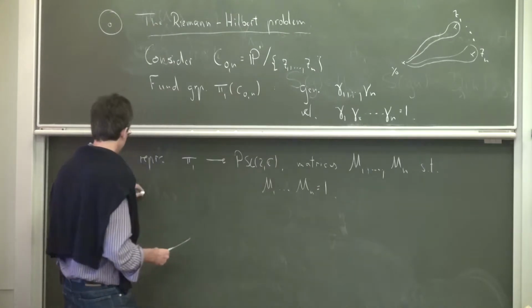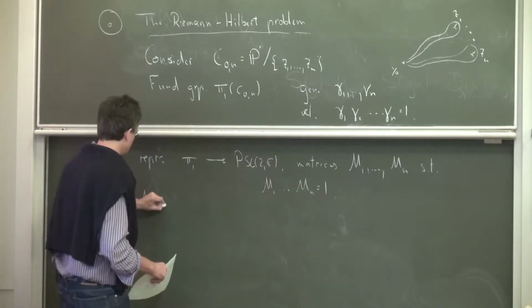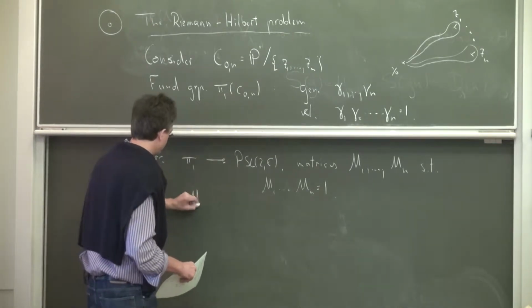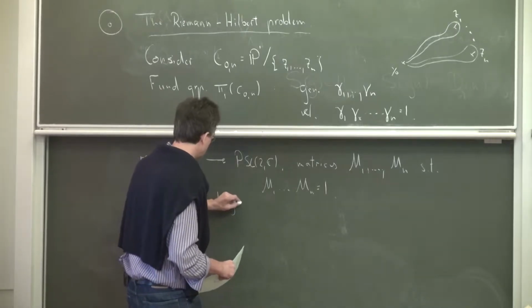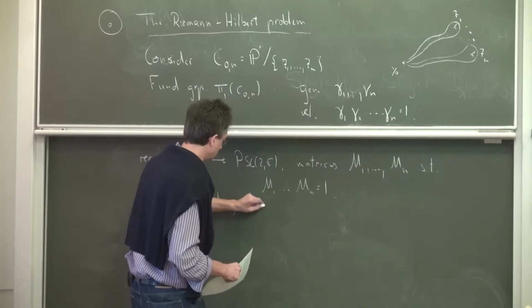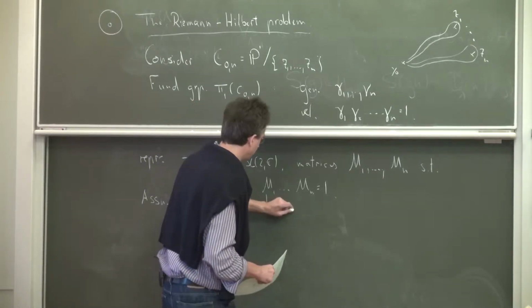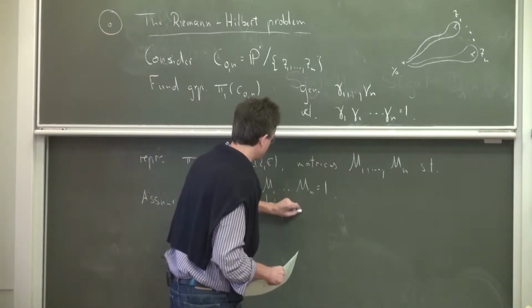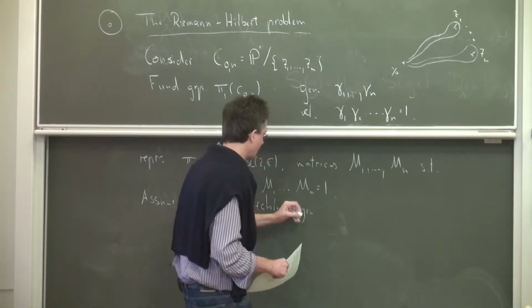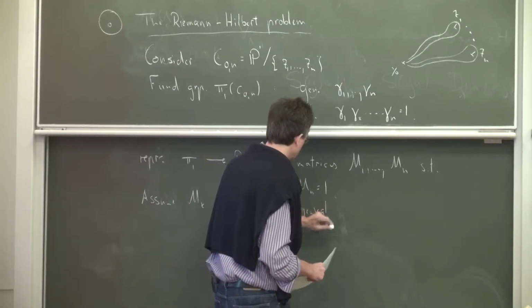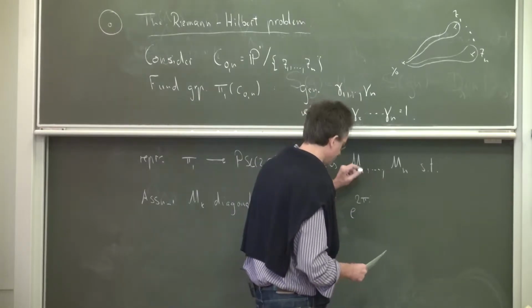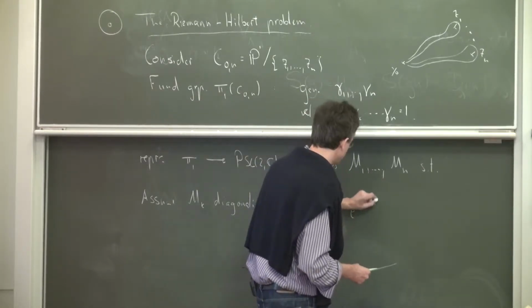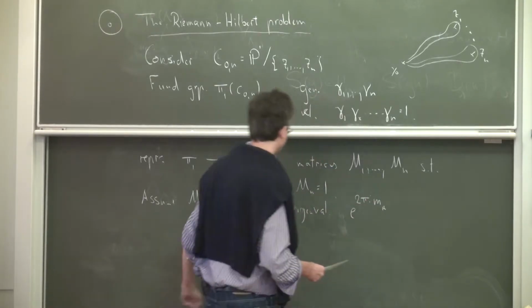And what we will assume is that the Mk are diagonalizable and have eigenvalues which we will keep fixed once and for all, e to the 2 pi i mk.